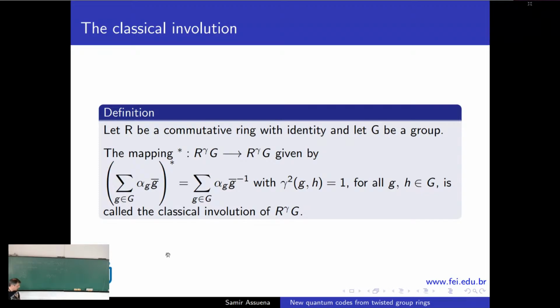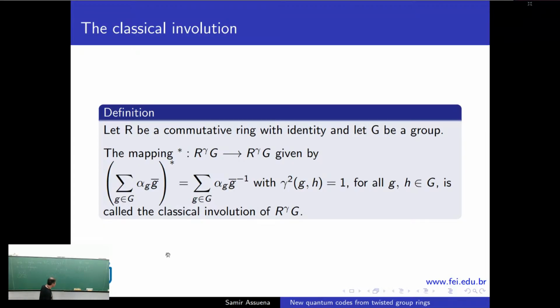And how do we describe, as I told you, some special kind of codes using this structure? Again, for group rings, we know that if we take this mapping and extend it by linearity to the group ring, we have a mapping which is an involution.